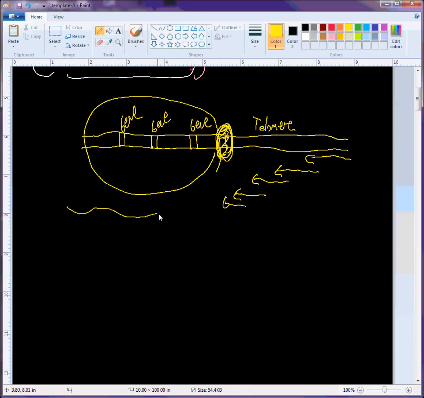The exact mechanism by which it is lost, it could be lost by programmed cell death, or it could just be dysfunctional. It starts losing genes.